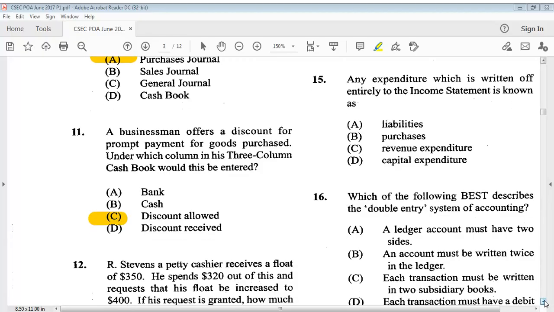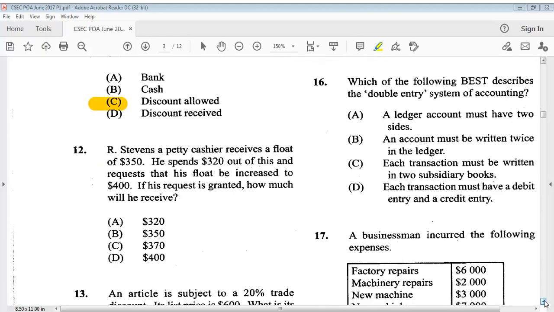12 says, R. Stevens, a petty cashier, receives a float of $350. He spends $320 out of this and requests that his float be increased to $400. If his request is granted, how much will he receive? So first he got 350, then he spends $320 from that, so we're left with $30.